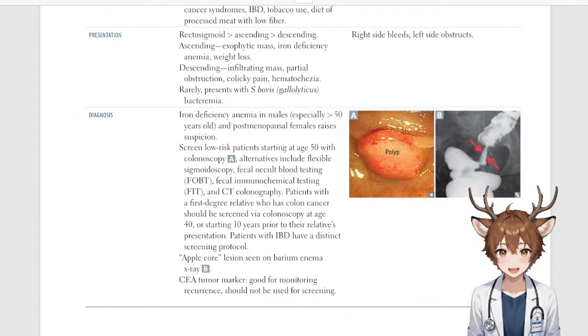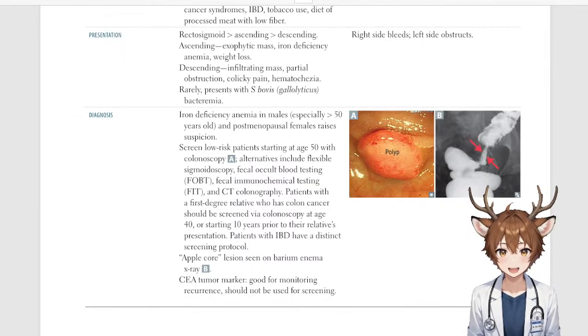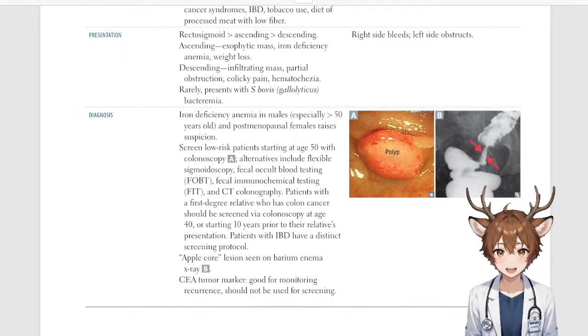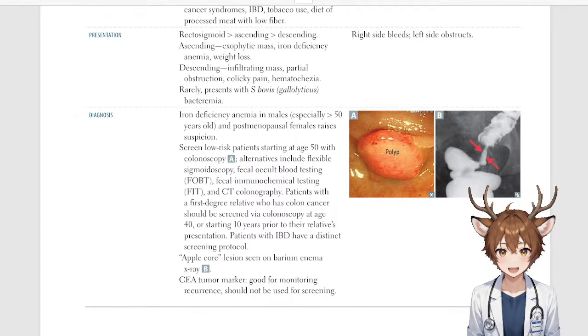But patients with a first-degree relative who has colon cancer screen at 40 years by colonoscopy or 10 years prior to the relative's presentation. Patients with IBD screen 8 years after onset.